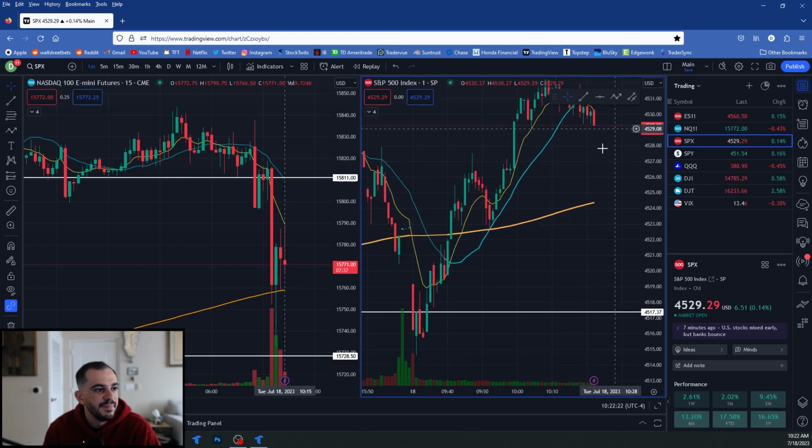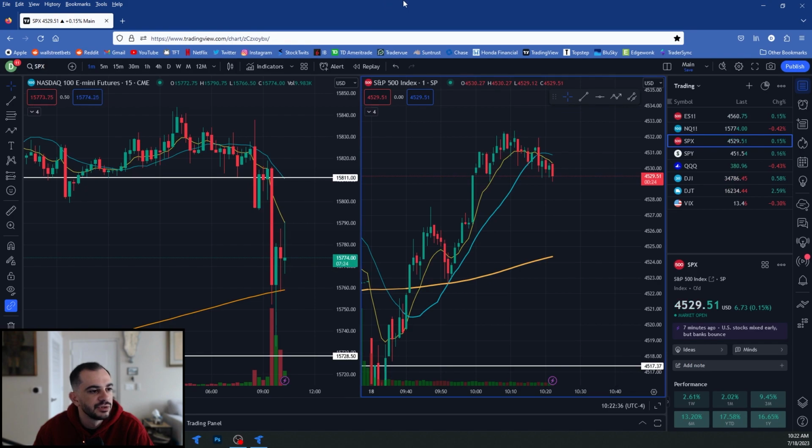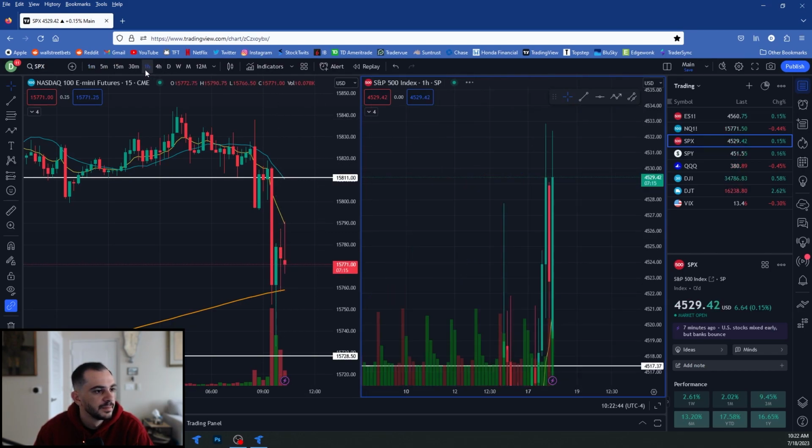5-minute crossed bearish for the first time. 920 dropping. So definitely a good sign for us here with the NASDAQ. ES, SPX struggling. That should bring some downward pressure into the tech sector here.